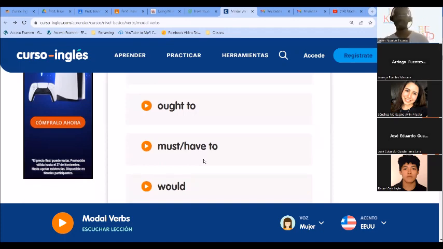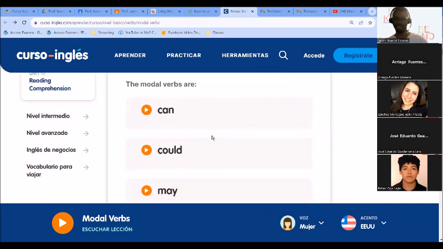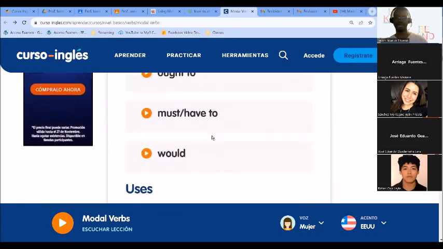They are basically the same, have to as well. They are big pushes. This is the order. This is the command, right? And the negative forms of these sometimes change the meaning, but in general, these are some of the most common modal verbs, right? So let's tackle them one by one.